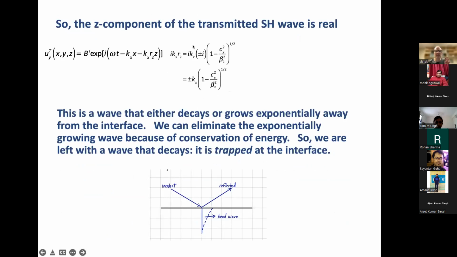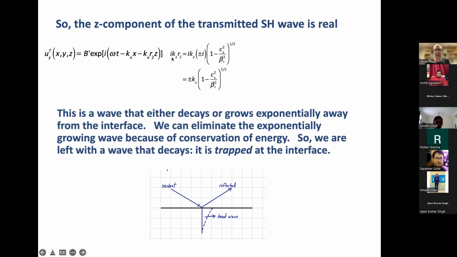So this means if the formula for the transmitted SH wave is given here by u sub y equals B prime e to the i omega t minus k sub x x minus k sub x r sub 2 z, then if I take the i and multiply it by k sub x r sub 2 times z, that's an i times an imaginary value, which gives us a real value.